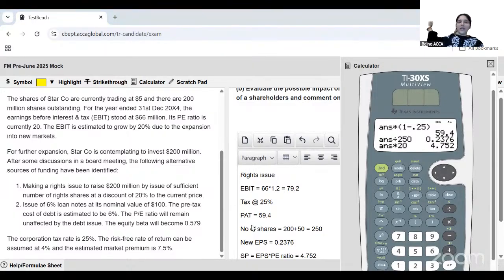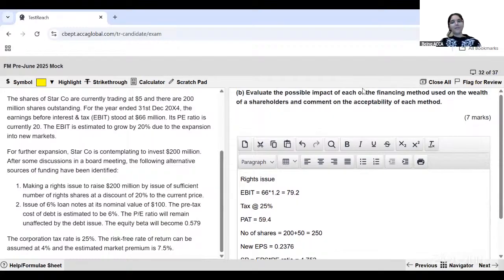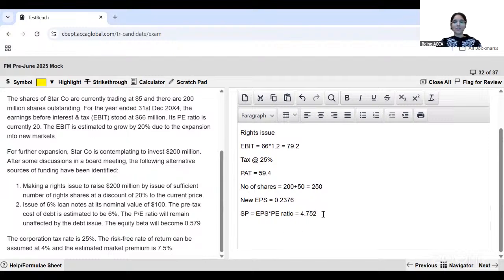However, if we go ahead with this option, our actual share price is going to fall to 4.75. This might not be what shareholders like. They will see a decline in their wealth. Hence, this rights issue may not be acceptable to the shareholders. So we've calculated the impact and we have also commented on the acceptability. Because the share price is going down, that means the wealth of the shareholders is declining.